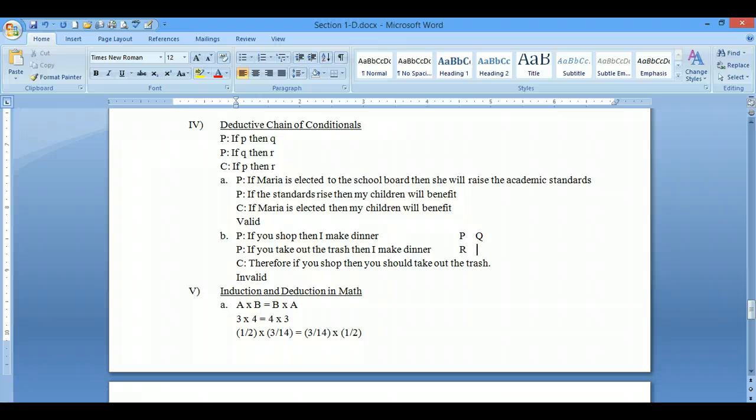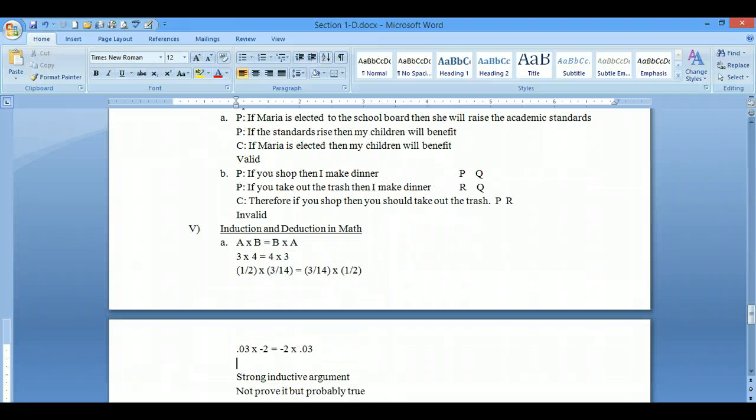Dinner, we already stated, was the Q. Therefore, if you shop, shopping was P, then you should take out the trash, which is R. Did that lead me from one to the other? I went from P to Q, R to Q, therefore P to R? No. This is an invalid statement. The chain of conditionals needs to link together.